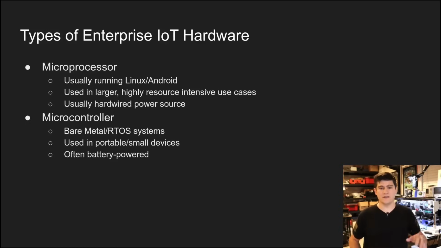Whereas on the other side of the fence, you have microcontrollers that are going to be like a bare metal, like an ARM Cortex-M. You might run a real-time operating system on top of that bare metal system, and so these are usually going to be found in portable, battery-powered, small devices that want to sip on power.